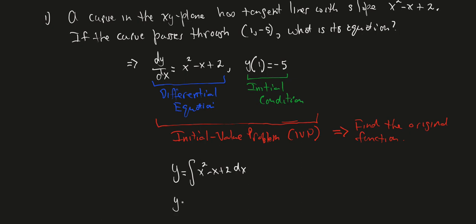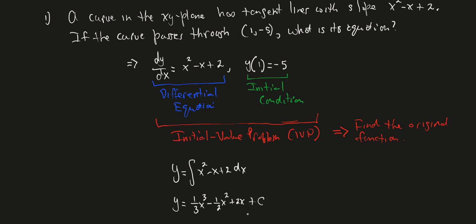When we perform our anti-differentiation, and we can do this because we have our rules now, we find the antiderivative term by term. This will give me 1/3 x cubed minus 1/2 x squared plus 2x plus c.